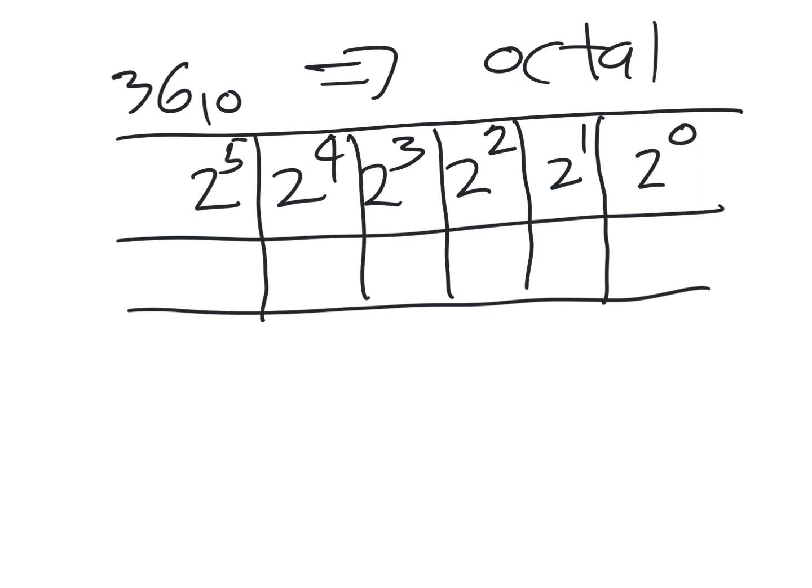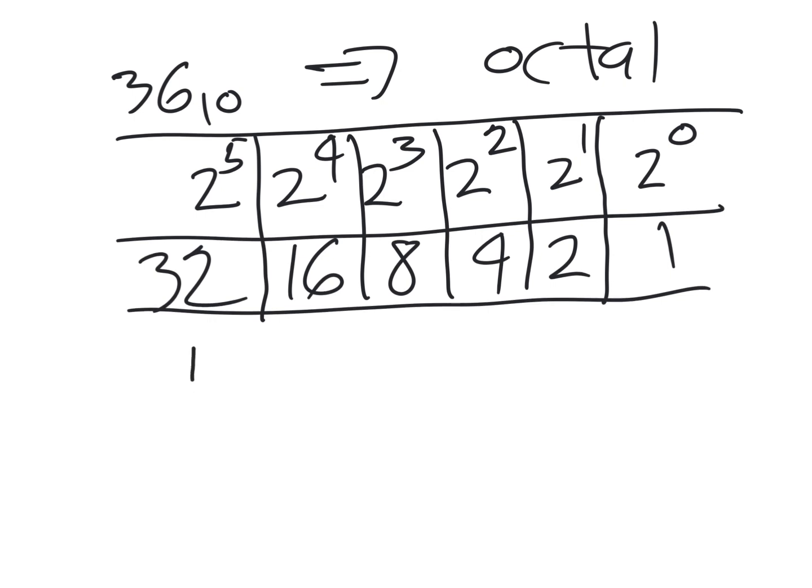Okay, this is a weighted value of 1, 2, 4, 8, 16, 32. Okay. So for 36, we need a 1 there. So that's 32. We just need 4 more. A 1 there, 0, 0, 0, 0.